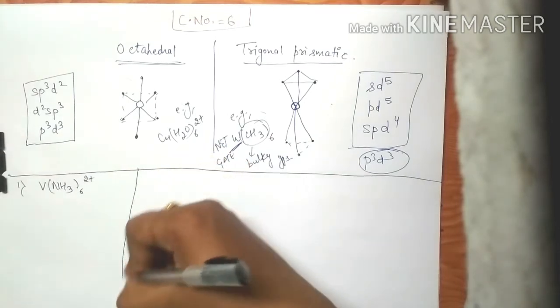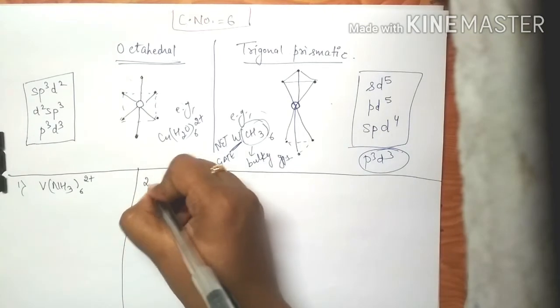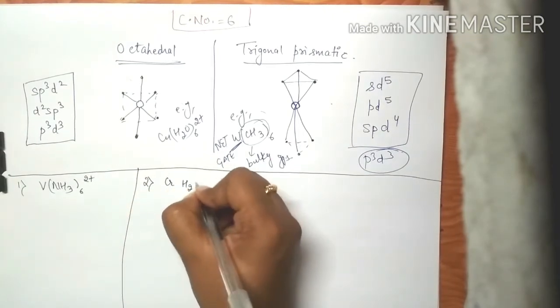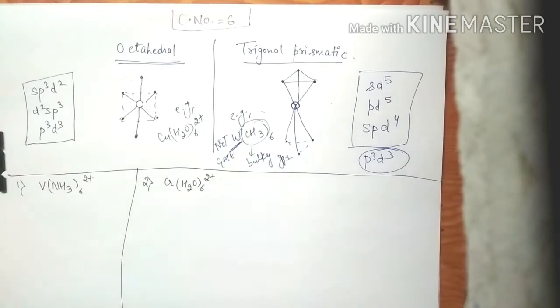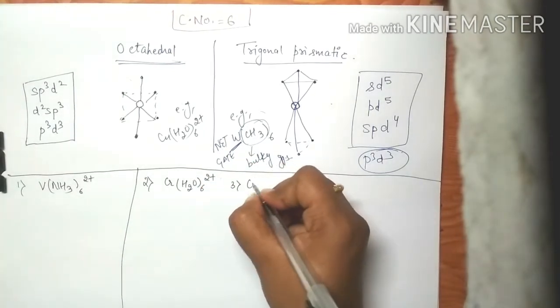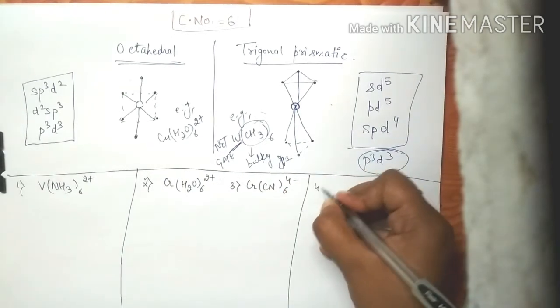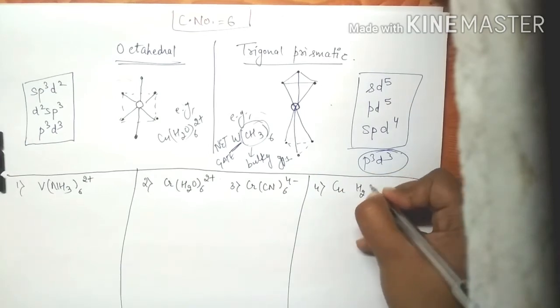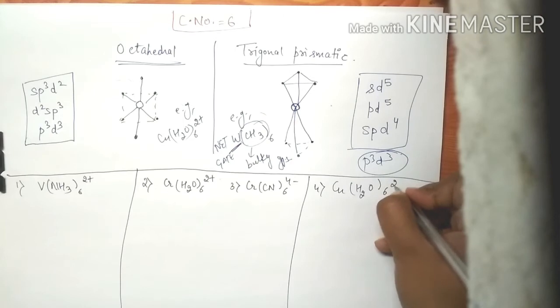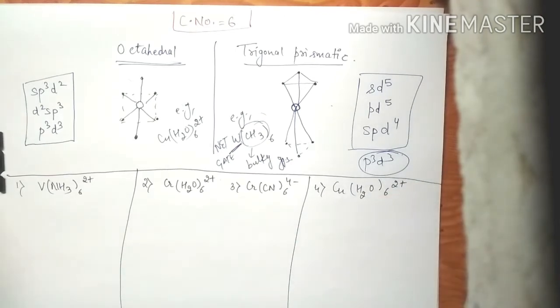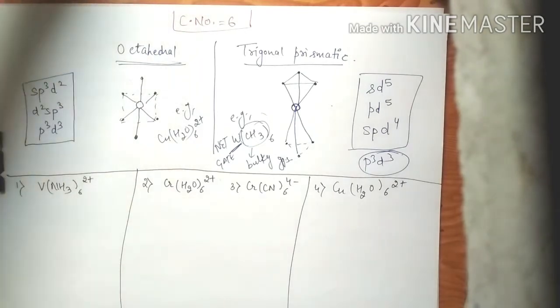The first complex is [V(NH3)6]2+. Second is [Cr(H2O)6]2+. Third is [Cr(CN)6]4-, and fourth is [Cu(H2O)6]2+. These 4 cases are very important, and from them you will know everything about complexes having coordination number 6.